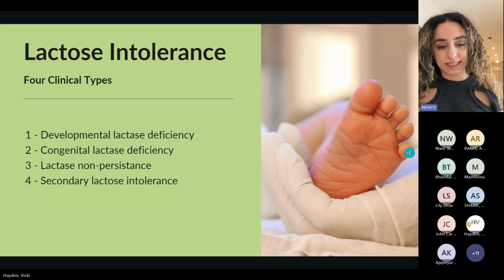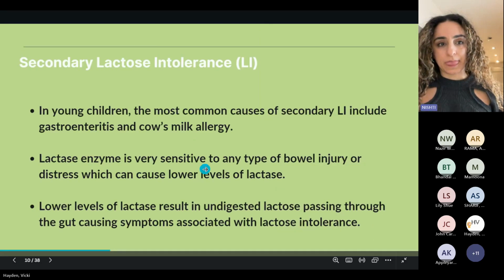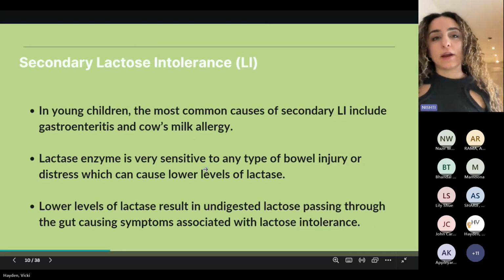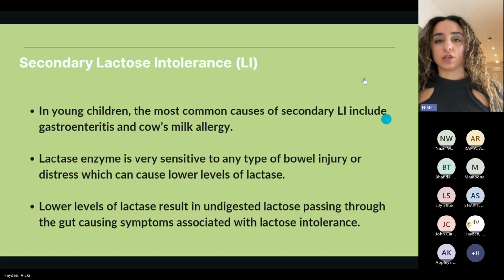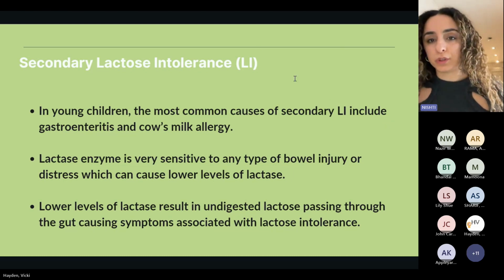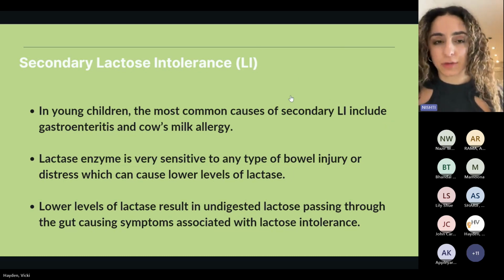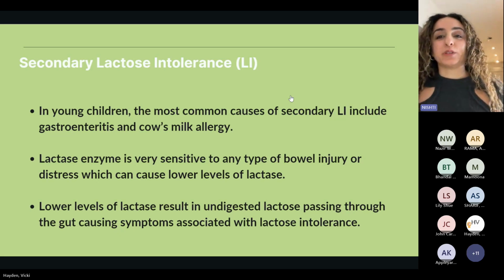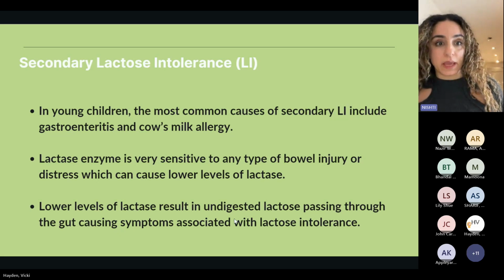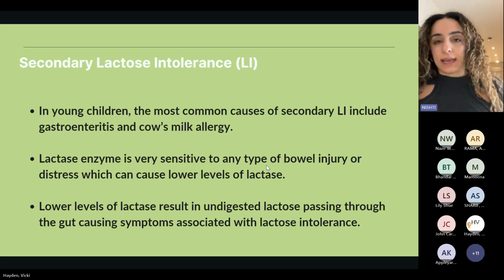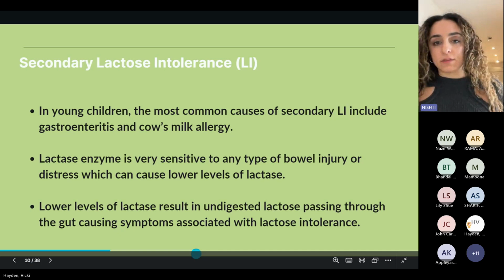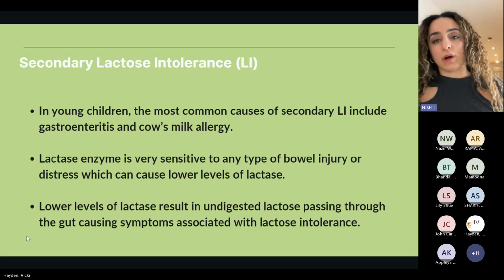Next slide, please. In young children, the most common causes of secondary lactose intolerance include gastroenteritis, but also cow's milk allergy. The enzyme lactase is very sensitive to any type of bowel injury or distress, which can cause lower levels of lactase.